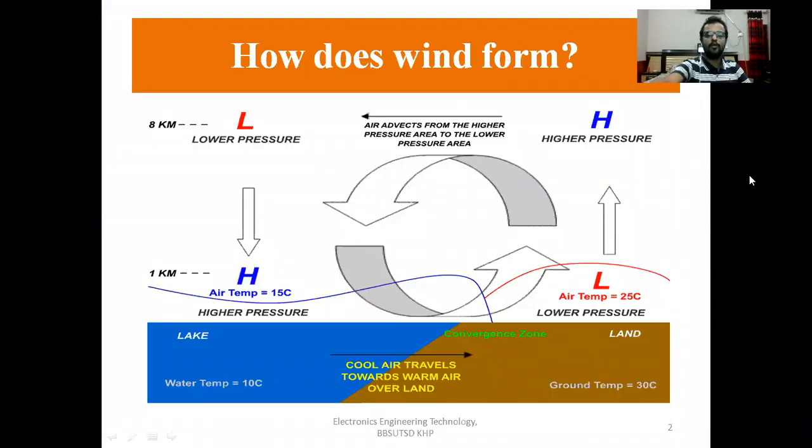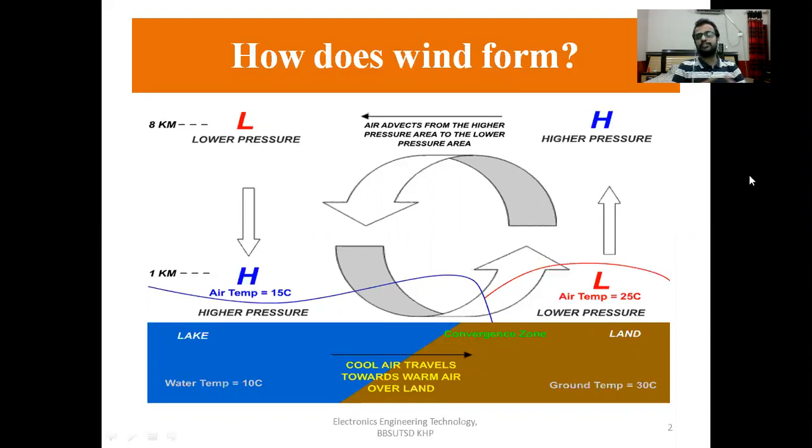So first of all, how does wind form? Wind is air in motion. Means when air is in motion, that is wind. Wind forms when the sun heats one part of the atmosphere differently than another part.